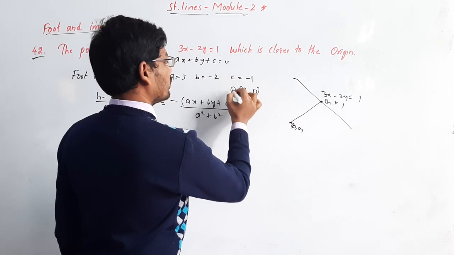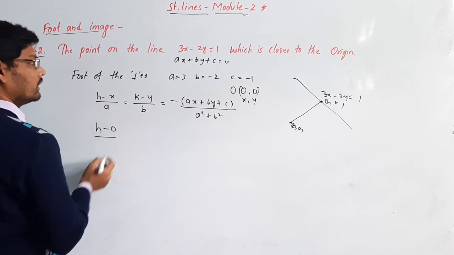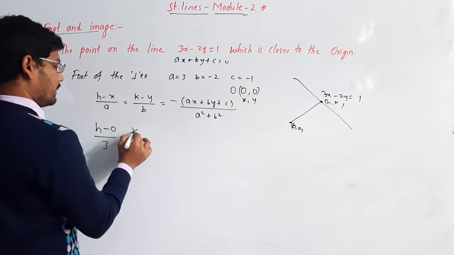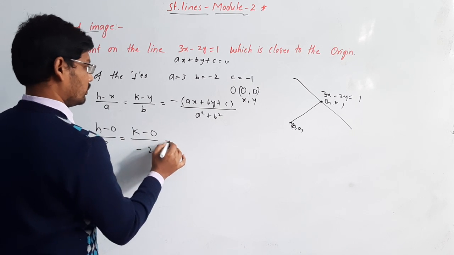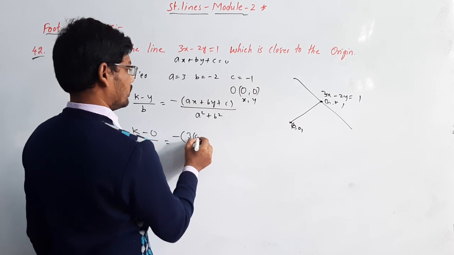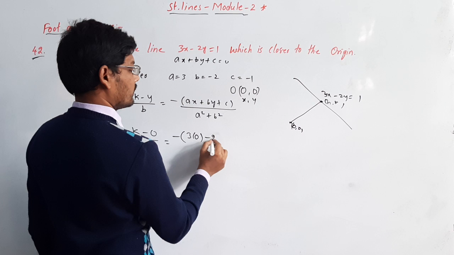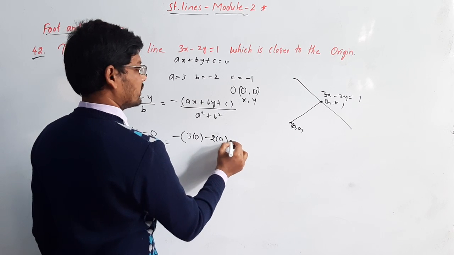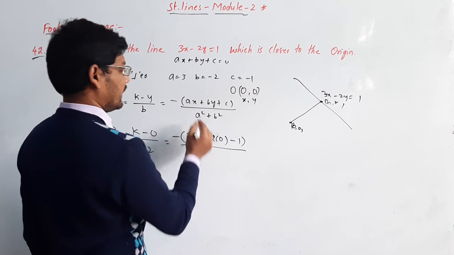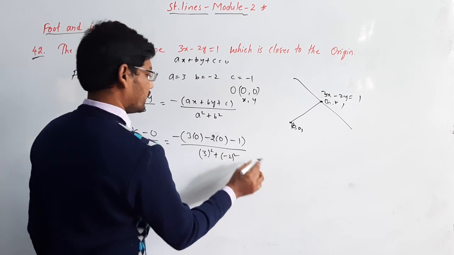Let's substitute the values in this expression from the origin. The origin is O, that is x comma y is 0. So h minus 0 by 3, k minus 0 by minus 2, equals minus of a x, a is 3 into 0 plus b into minus 2 into 0 plus c is equal to minus 1, divided by a square is 3 square and b square is minus 2 whole square.